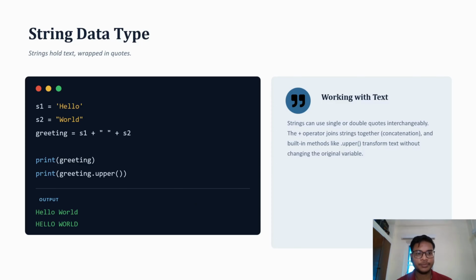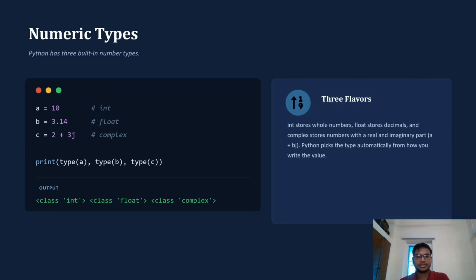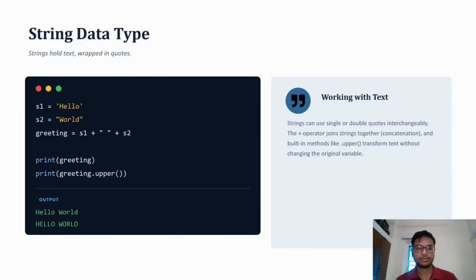So let's move forward. I think the number data types are completed, and let's move forward to the string data type. You will see, say, a equal to Python, anything inside double quotation marks. What does this mean? That's the string data type.